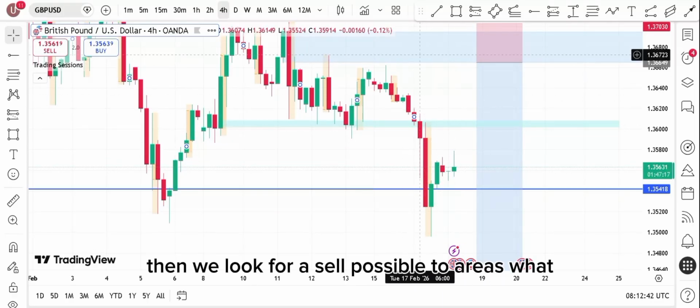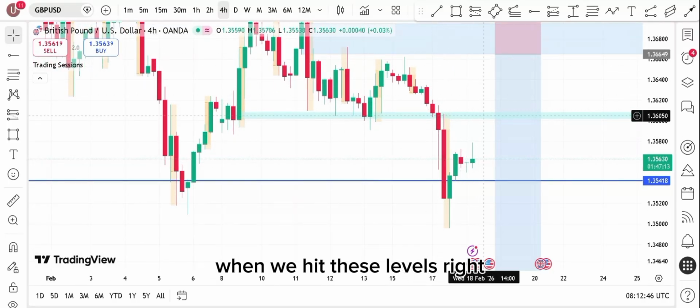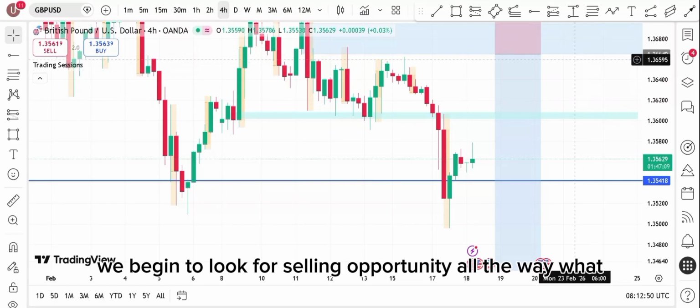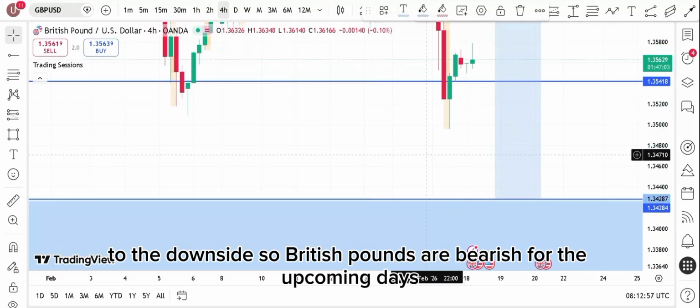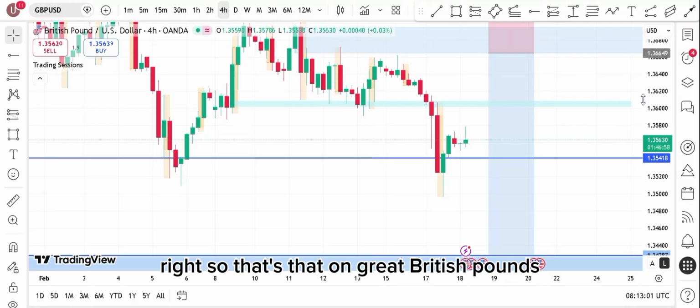Then we look for a sell when we hit these levels, right? We begin to look for selling opportunities all the way to the downside. So British pounds, I'm bearish for the upcoming days, right? So that's that on Great British Pounds.